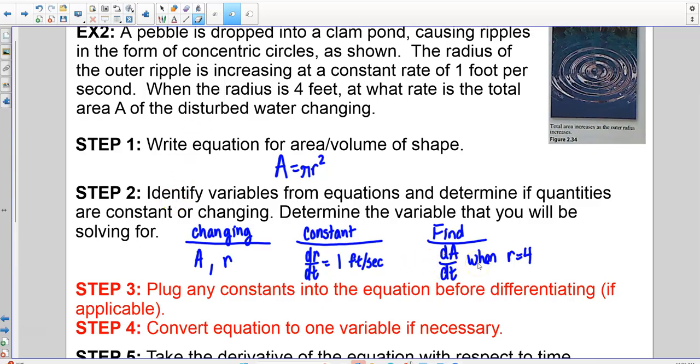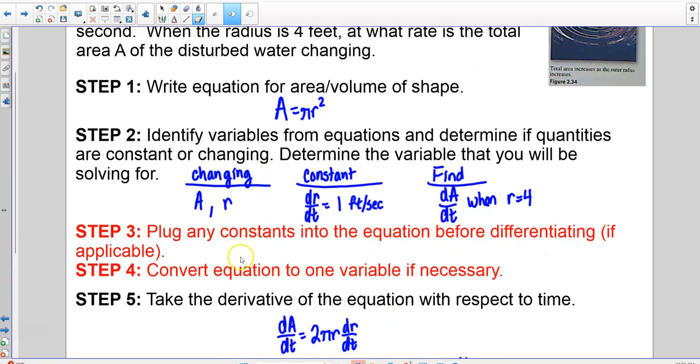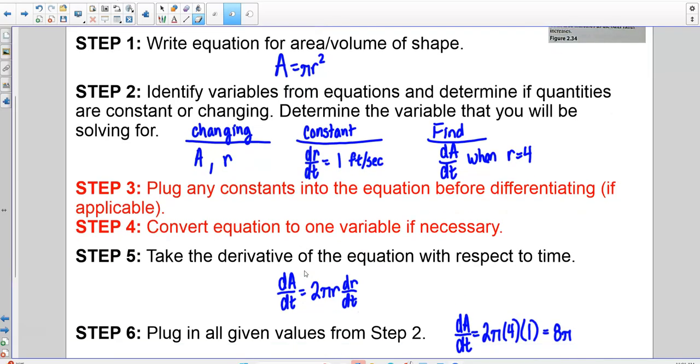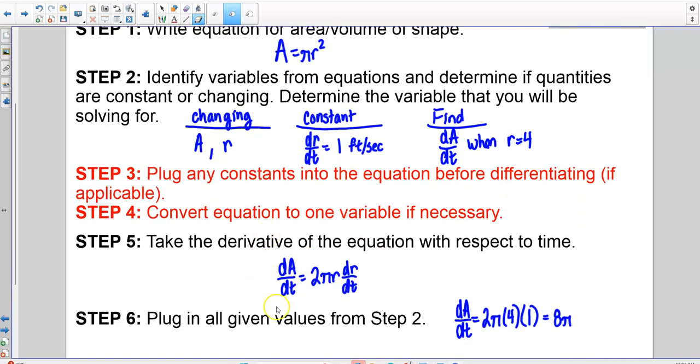And I like to put when r equals 4 right here with it, because while we cannot plug 4 in before we take the derivative, since the radius is changing, we are looking specifically at dA dt at this point where r equals 4. On this problem, you do not have any constants to plug in. You do not have to convert the equation to one variable. So the derivative is the exact same as it was on the last problem.